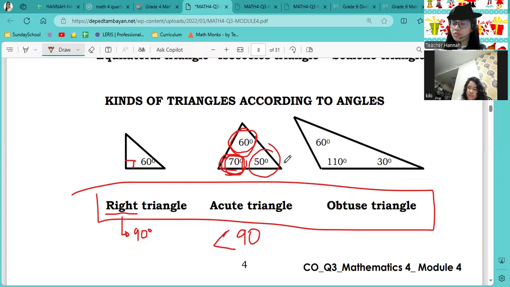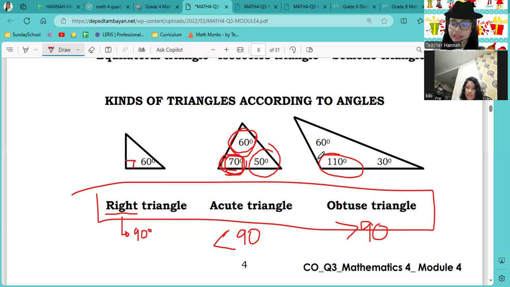How about obtuse? When we say obtuse triangle, it always has an angle bigger than 90. Is this one bigger or smaller than 90? Bigger. So that means that is an obtuse triangle. Okay, Michaela?